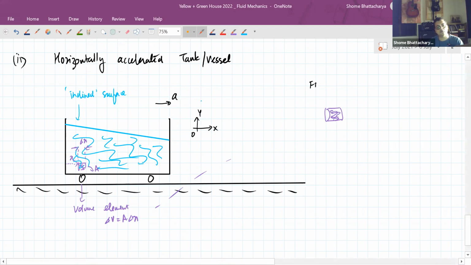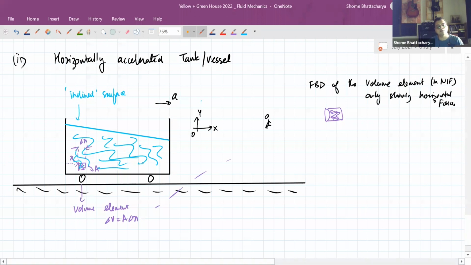So FBD of the volume element in the non-inertial frame, and only showing horizontal forces. We'll take care of the vertical forces also, but that we'll do in a separate diagram.